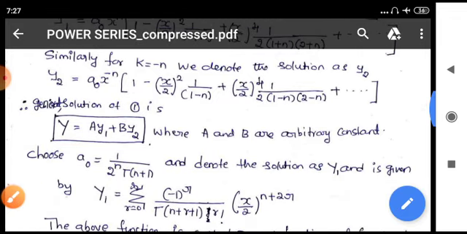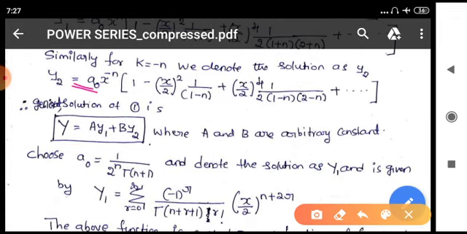So we have to choose this a naught as 1 by 2 to the power n into gamma of n plus 1, and we denote the solution as y1.